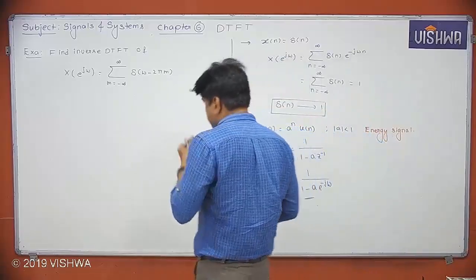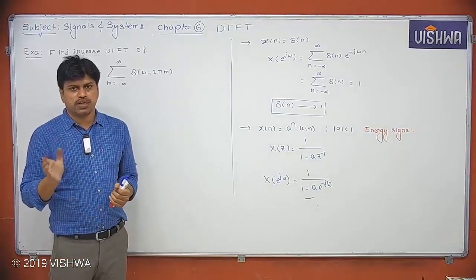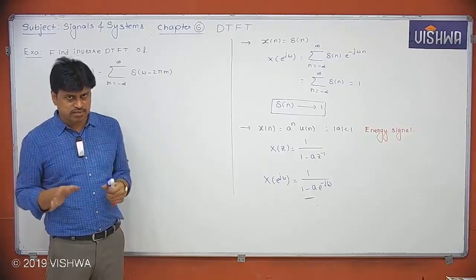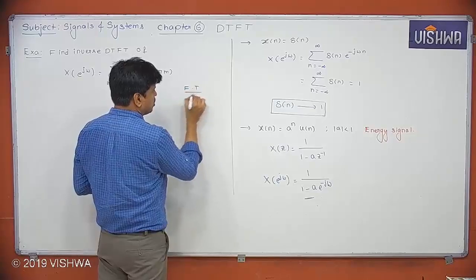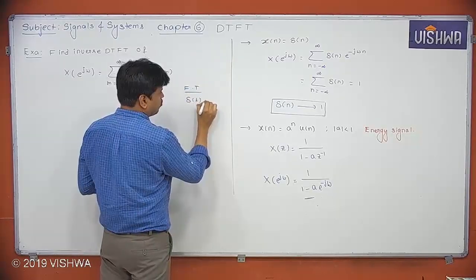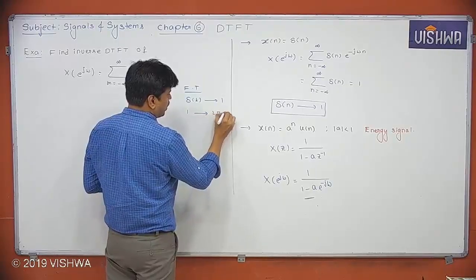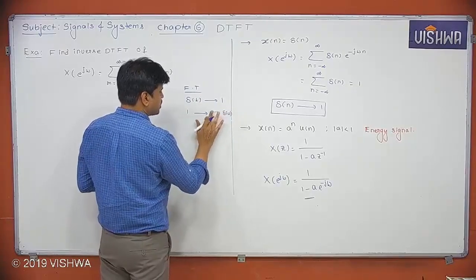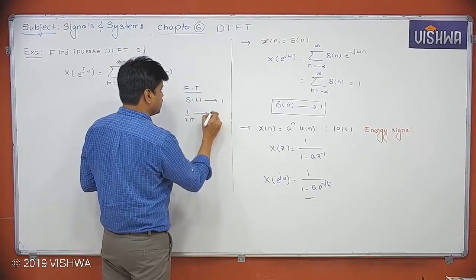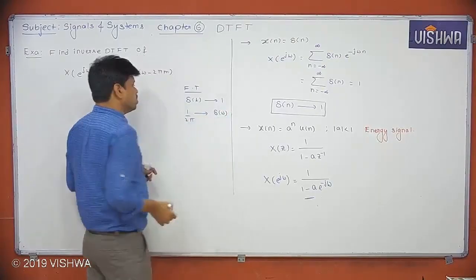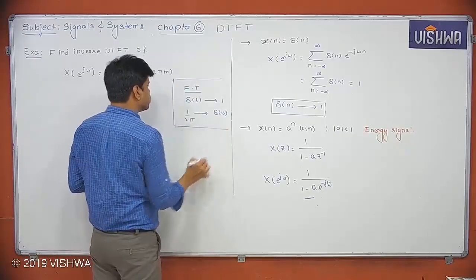Okay, I just want to say this. You might remember for delta t in the Fourier transform, I am talking about the continuous time case: delta t has Fourier transform 1, and for 1 we have 2 pi delta omega, or we can say for 1 by 2 pi we have delta omega. So here also the same thing we can say. This is similar to delta omega only.